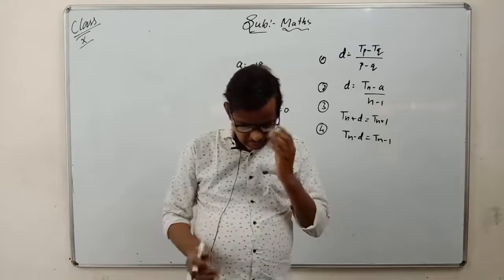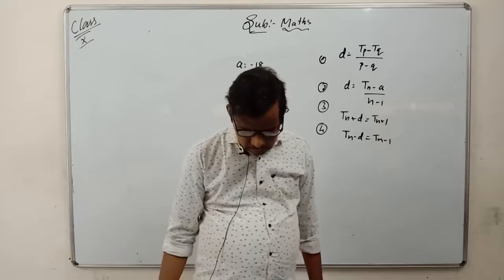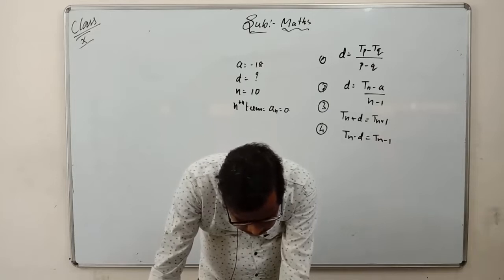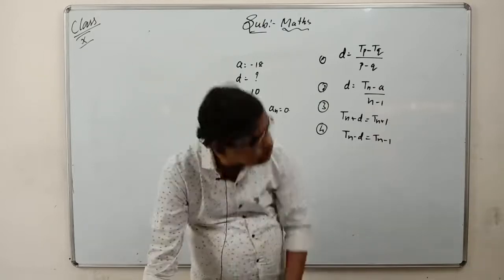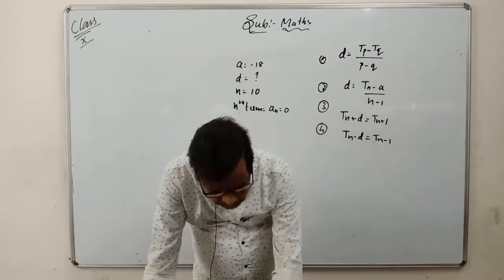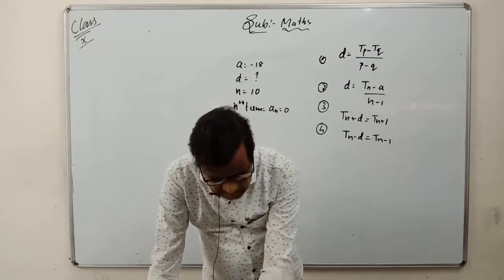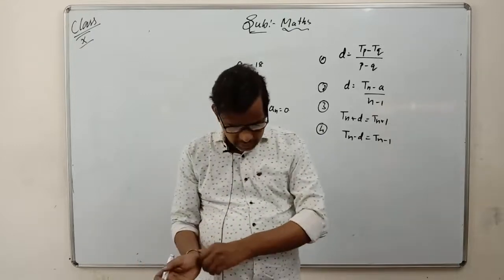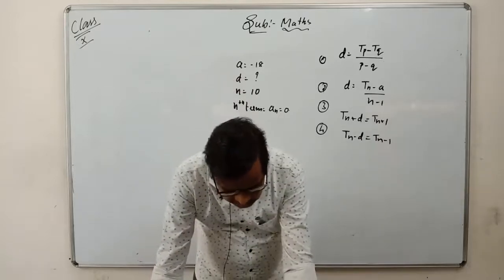Take down the given: A equals minus 18, common difference D unknown, N equals 10, and nth term 0.